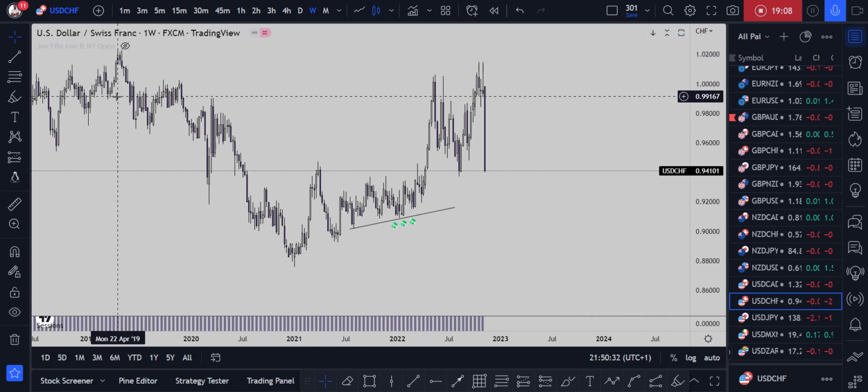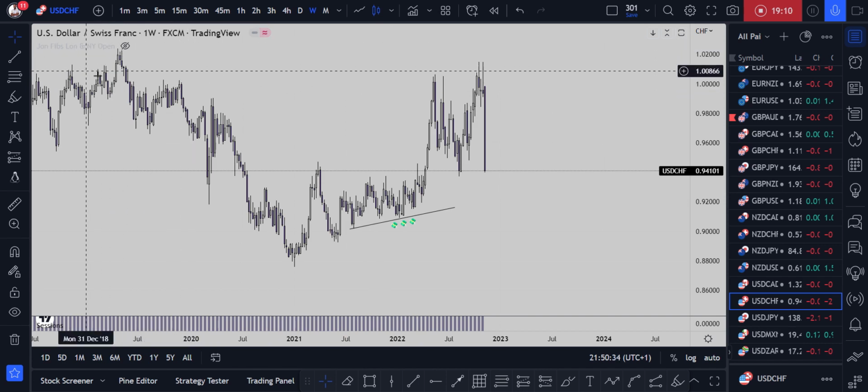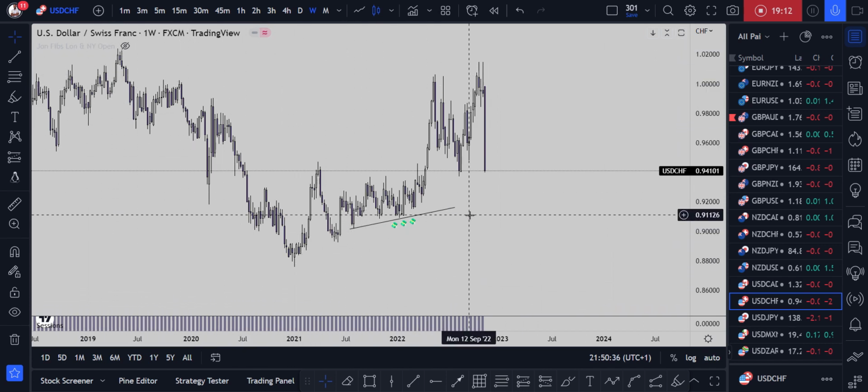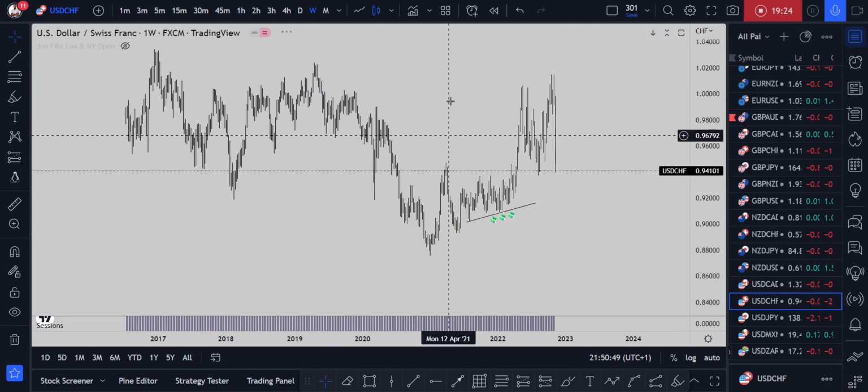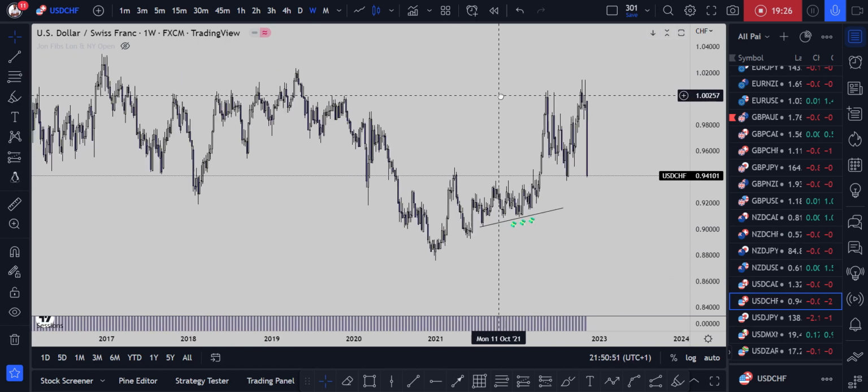Price came into that last push up, hit there. You can see how beautiful and clean that is. So I don't know. I'm not sure if this guy wants to buy or sell. I have just a few seconds left. So for USDCAD and for USDCHF, that would be my bias.